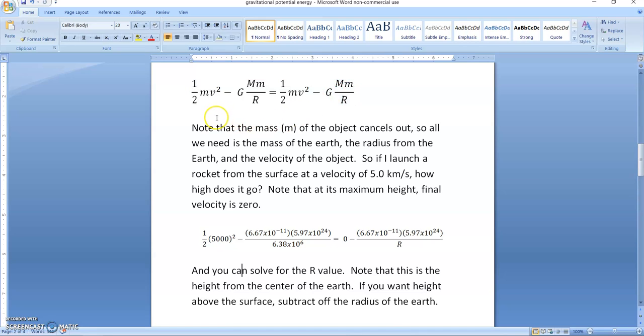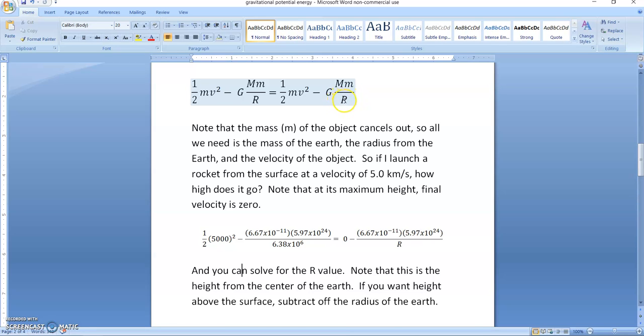So if I launch a rocket at velocity v from some radius from the center of the Earth, maybe it's the surface of the Earth, so radius is just radius of Earth, that is going to equal the final kinetic plus the final potential. So if I give you, say, a final velocity I'm looking for, maybe a final velocity of 0 because it stopped, you can find the radius, the height at which it has gone.